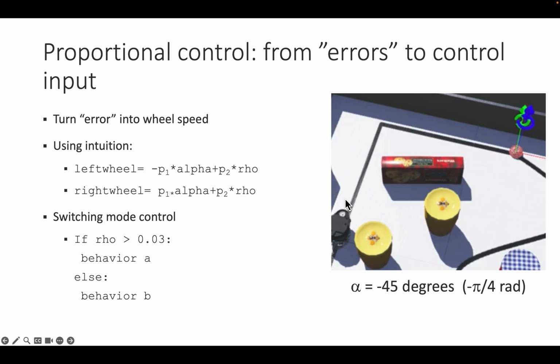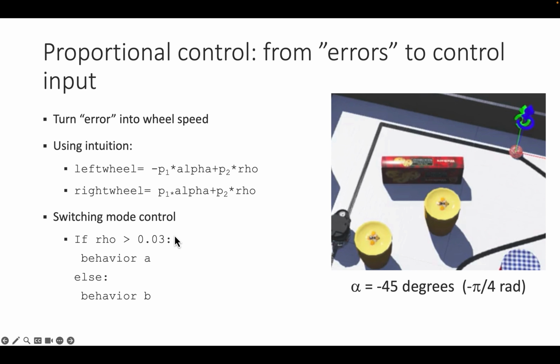Now in this case, the robot will do both at the same time. It will both turn and drive a little bit, and by tuning these parameters accordingly, you will be able to tune the behavior from driving either in a big curve and very fast to turning very abruptly and then driving directly to the goal.